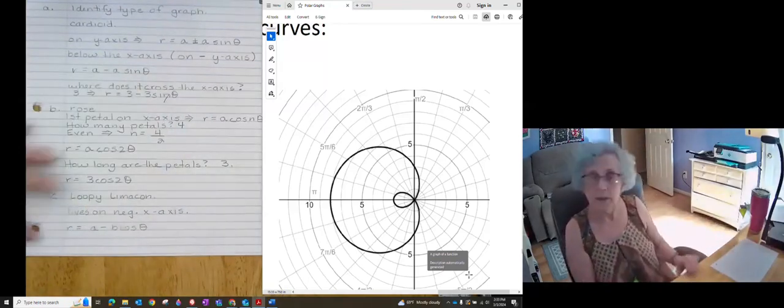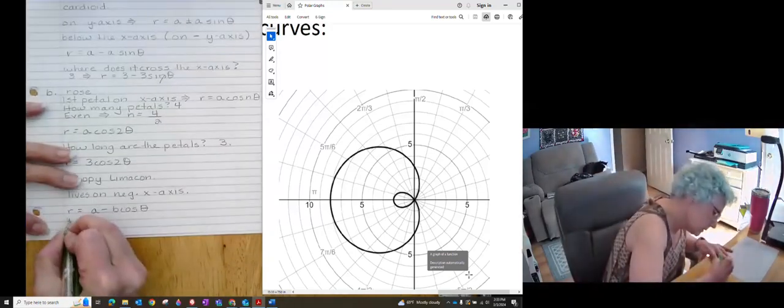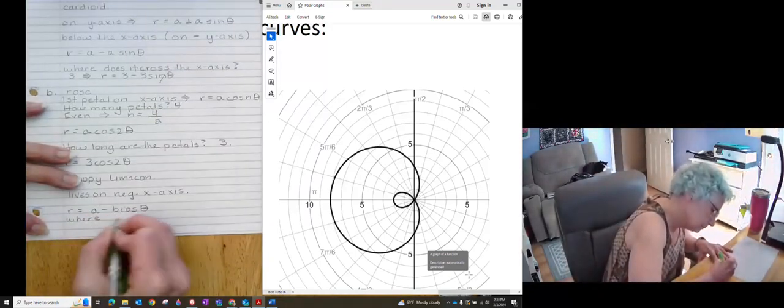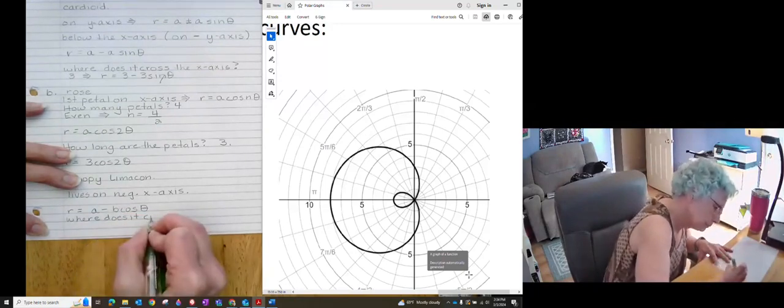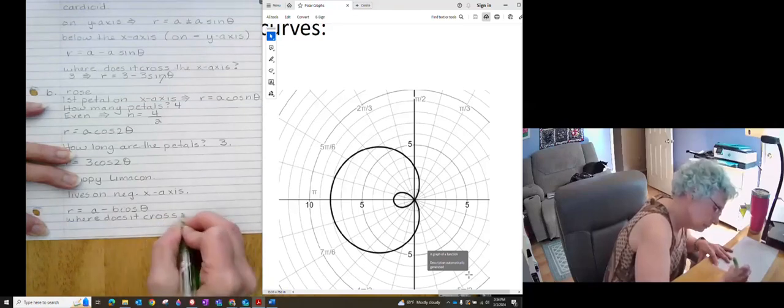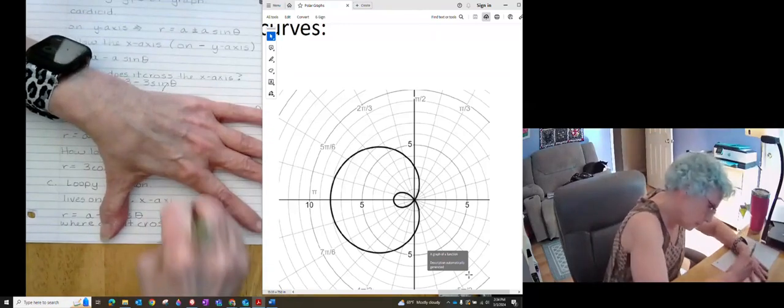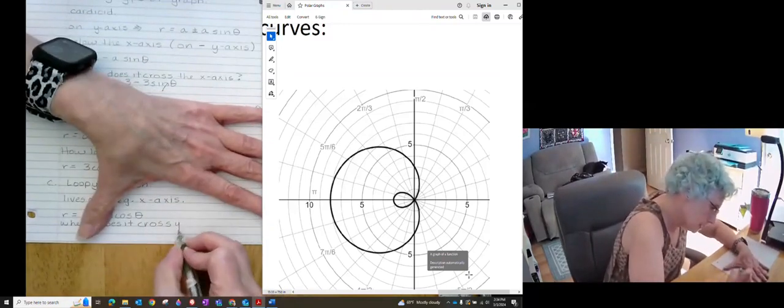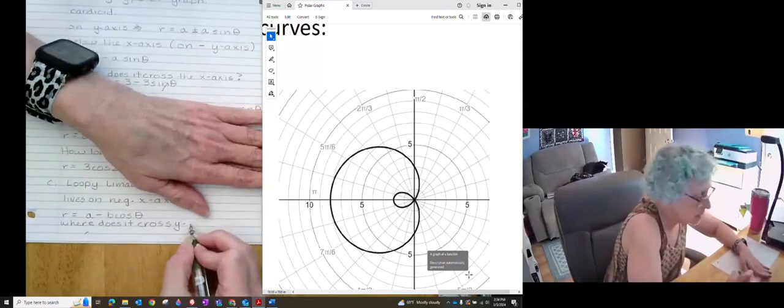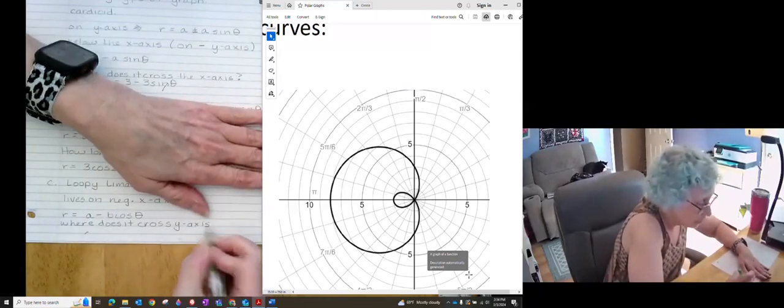Now, where does it cross the y-axis? It lives on the x-axis. Where does it cross the y-axis?